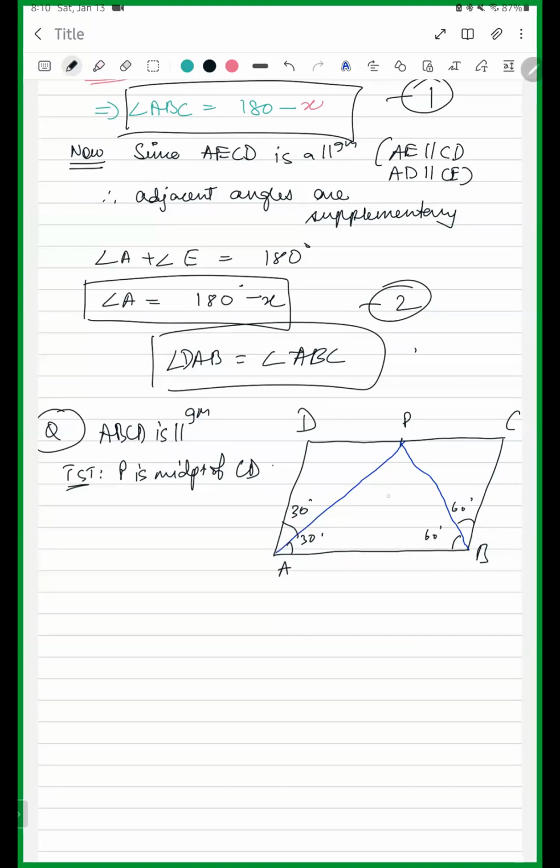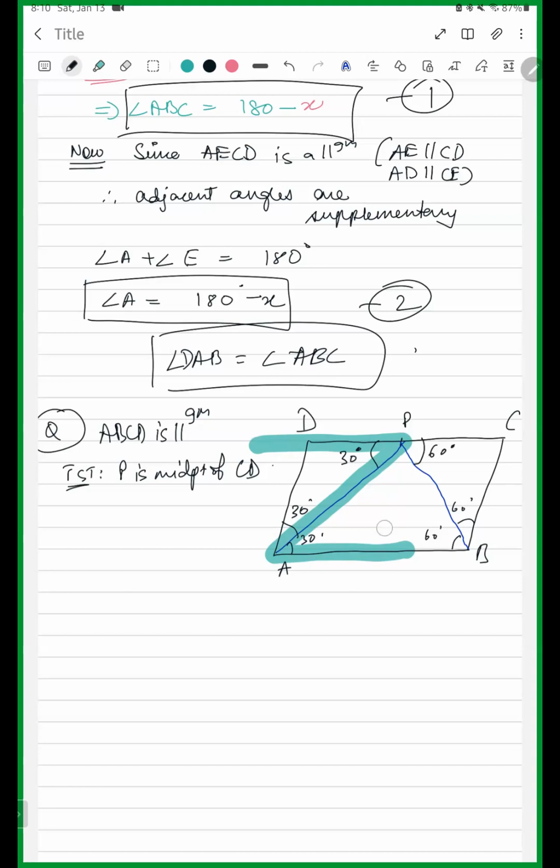Because these are alternate interior angles. So this one is going to be 30, and similarly this one is going to be 60.